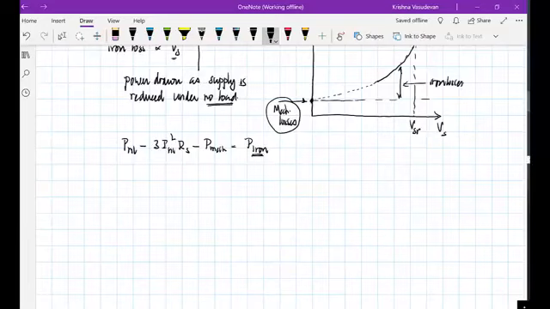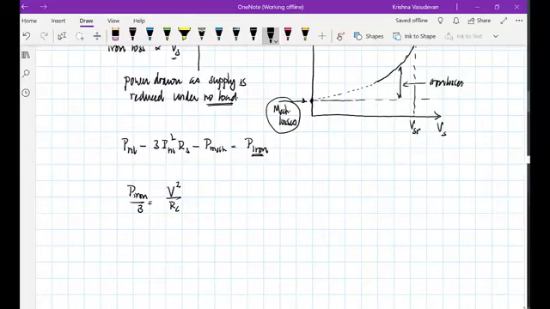So using this information, we now have P iron by 3 equals the value of the supply voltage square divided by RC.